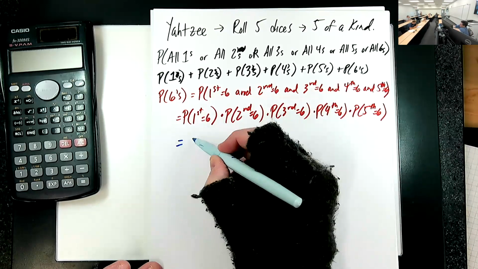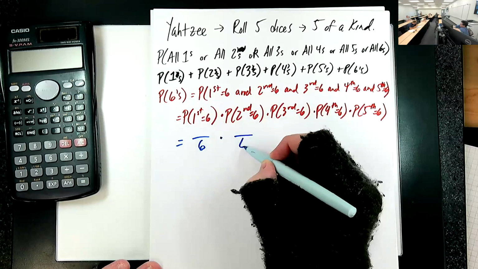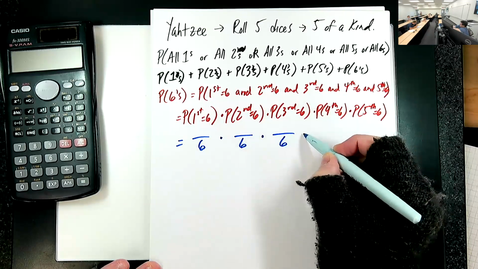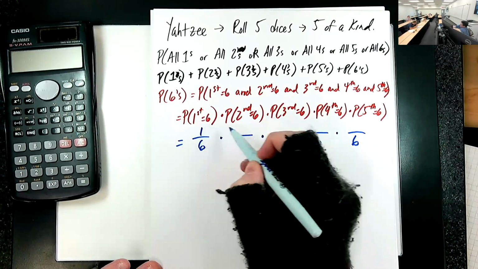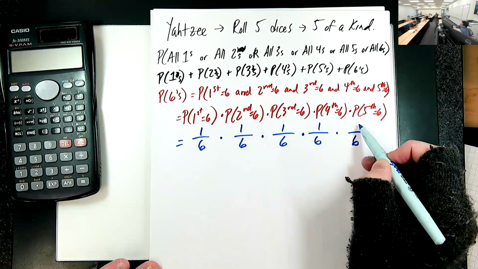For each of these, there are 6 possible outcomes on each roll. And there is only 1 6 on each one.